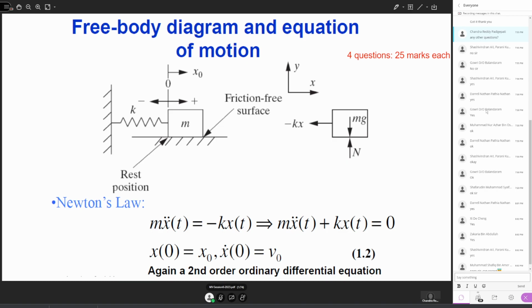Okay, the first question will have 10 MCQ questions, multiple choice questions. So you need to answer the questions in alphabetical form.